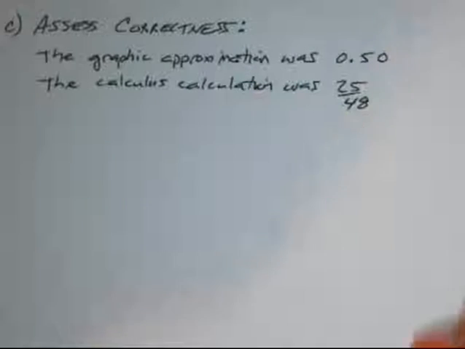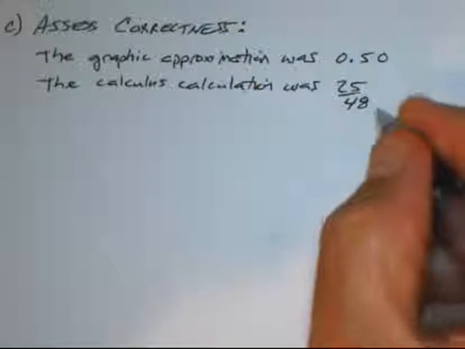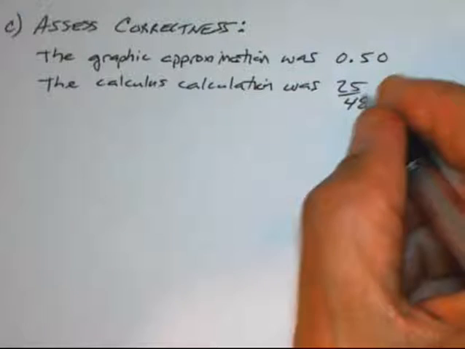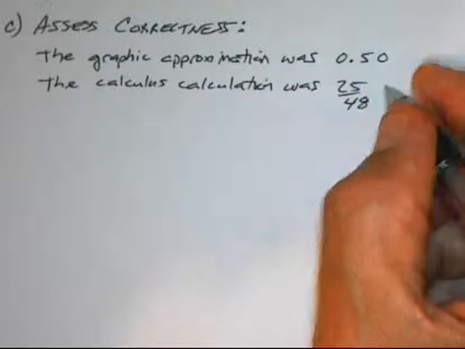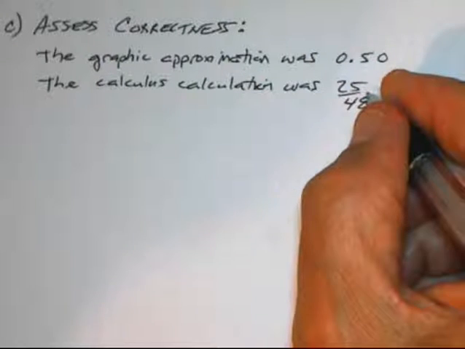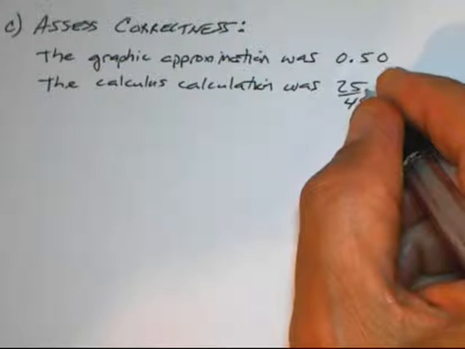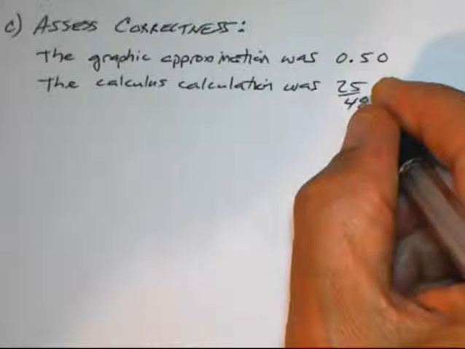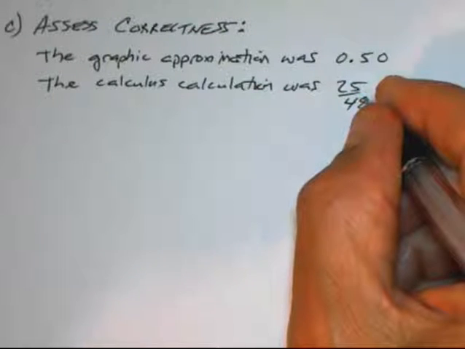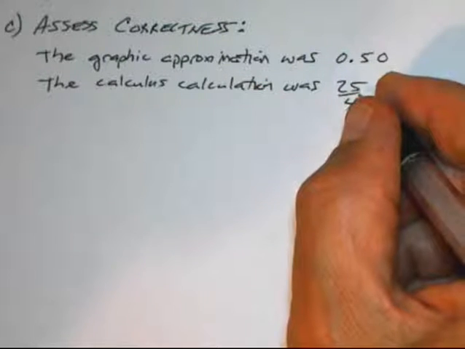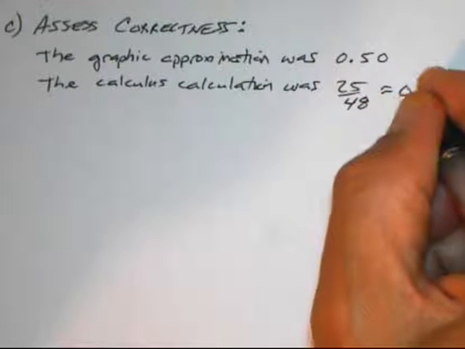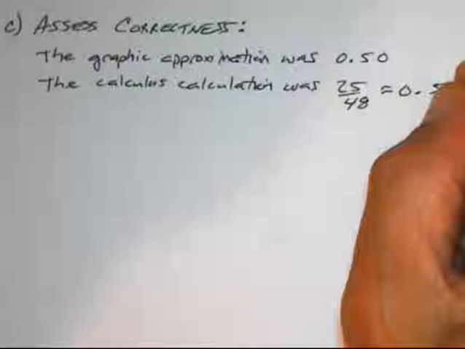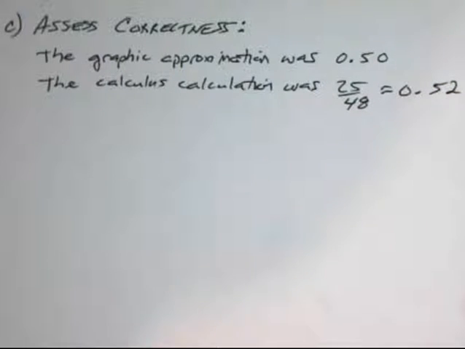Okay, and to compare apples to apples, let's get some decimal approximation to this 25/48. Okay, 24/48 would be exactly 1/2, exactly 0.50. 1/48, that's really close to 1/50th. That means 0.02 more. So this is about equal to 0.52. Okay, let's see.